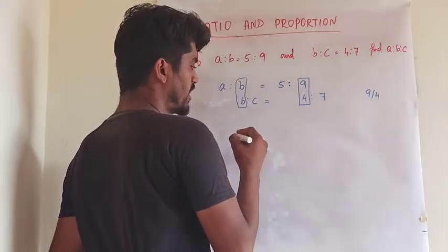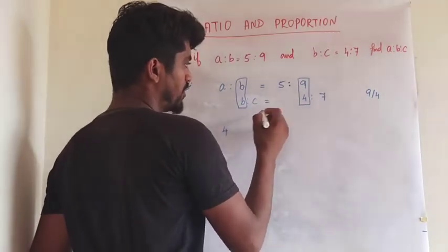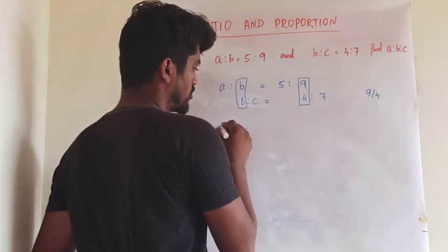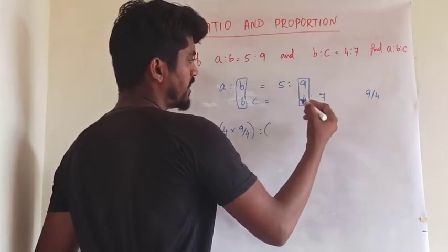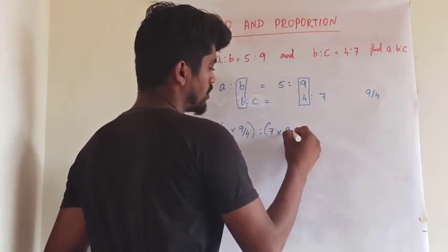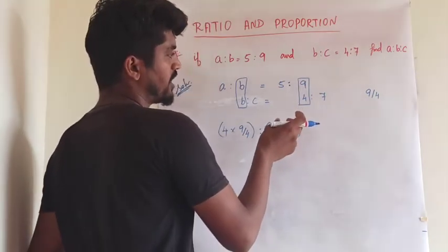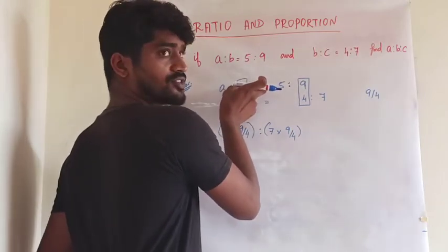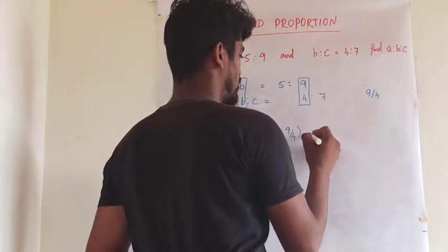Now we can find the B is to C ratio. The B value is 4 into 9 by 4, which is 9. Then we find the C: 7 into 9 by 4. For this purpose, we write the B is to C value merged with A is to B, so we can get the A is to B is to C value.